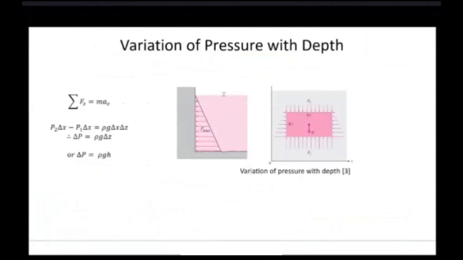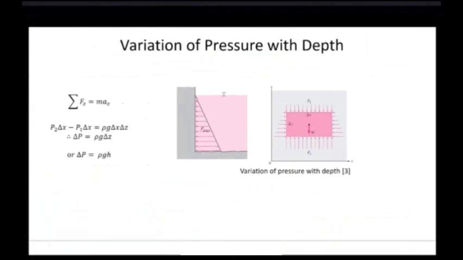Okay, so let's now understand why pressure varies as you go deeper. So here we have a pink fluid represented in this image. The forces on the grey wall are close to zero near the top, and then they increase as we get deeper and deeper.